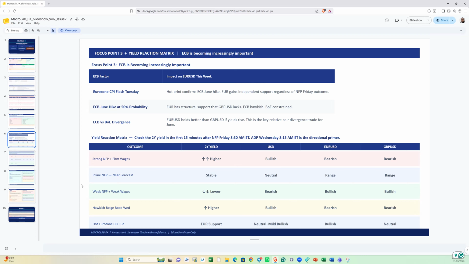So that's what we captured on this particular slide, which is very important information I want you guys to listen to and understand. We have our yield reaction matrix here, which is very important.